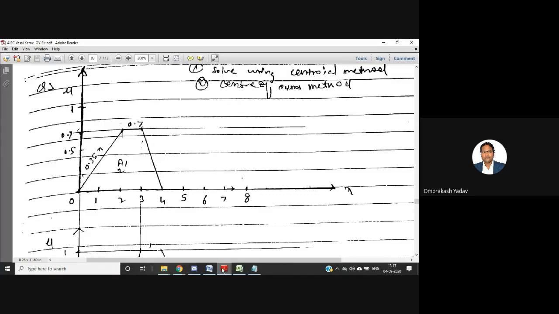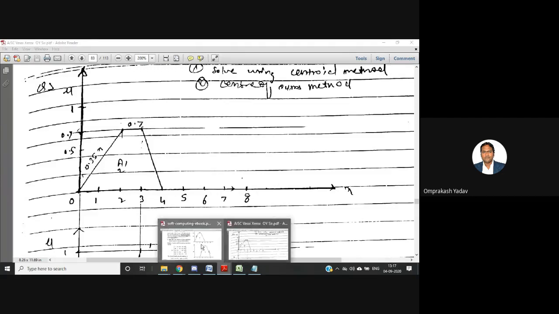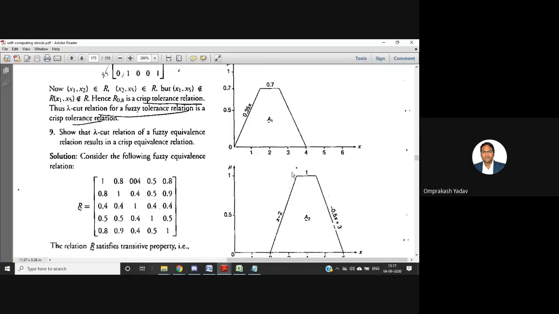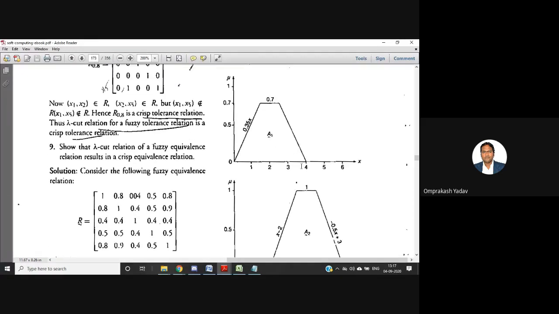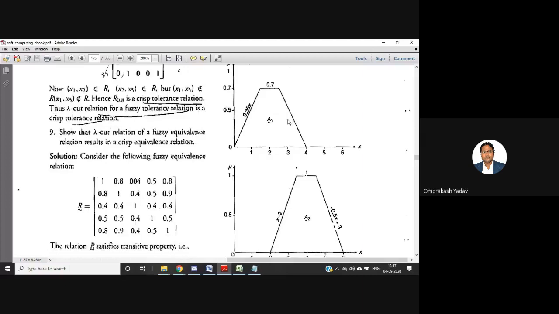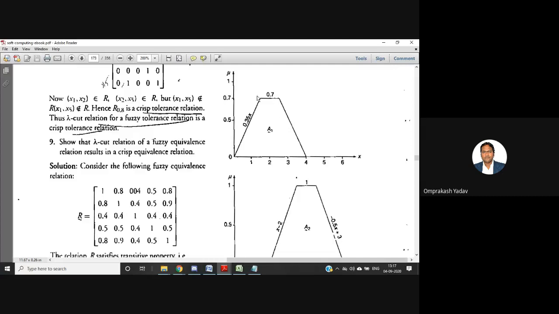Normally they don't ask this kind of problem. My motto was to explain this also: whenever the university asks this kind of question in the paper, there will be some problem in the graph. It is very difficult to have proper points, proper equation and proper graph. For example, in this particular book, the graph is given in such a way that it seems 2 is the middle point, but actually the graph is not proper. 2 is coming at this particular point.